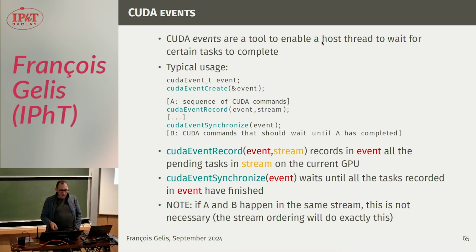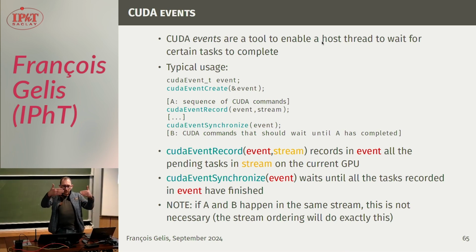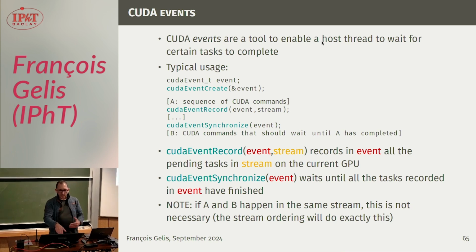And then the way to wait for all these tasks that have been recorded in the event is to call the command cudaEventSynchronize, and this command will block the execution of the host thread until all the tasks that were recorded in the event have finished. Then the tasks listed in B will start only after those that were recorded from A are finished.